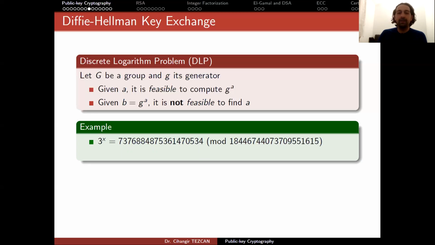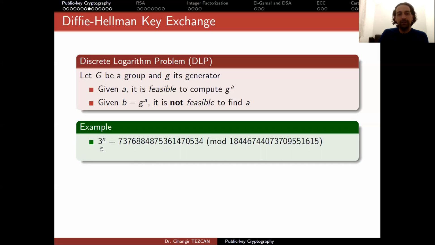So in this case, most of the time for the multiplication group, we will be working on Z_P, which is actually the integers modulo P without 0. So let's say an example.